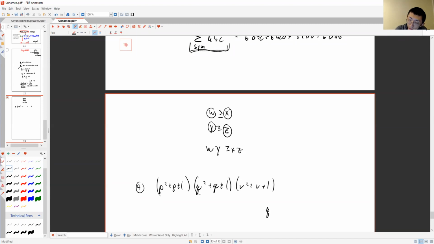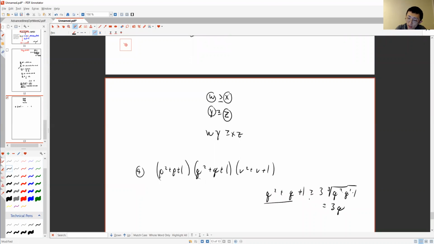So you are allowed to multiply these inequalities. You're allowed to multiply the 4 inequalities that look like this. Yeah, that's legal.